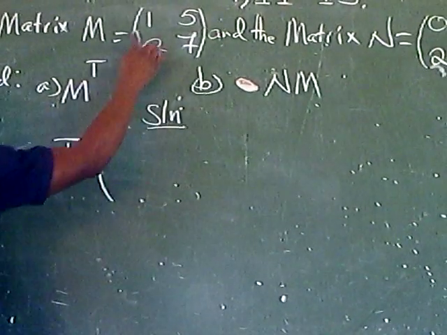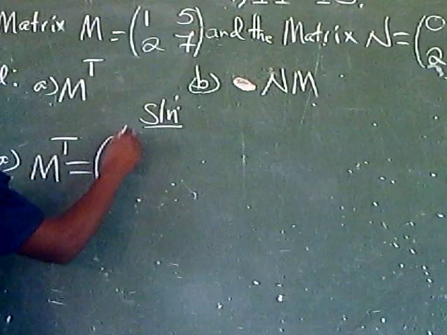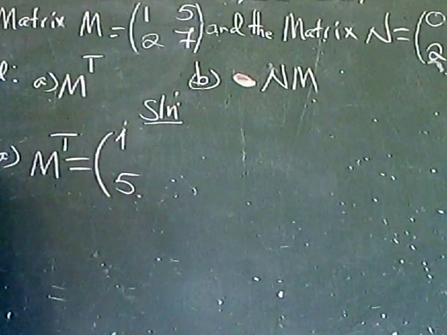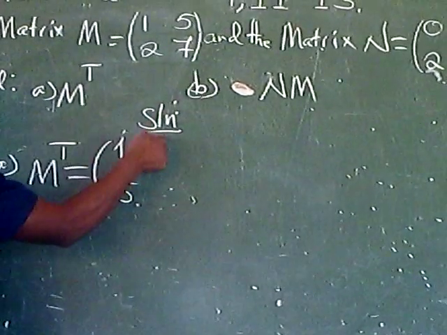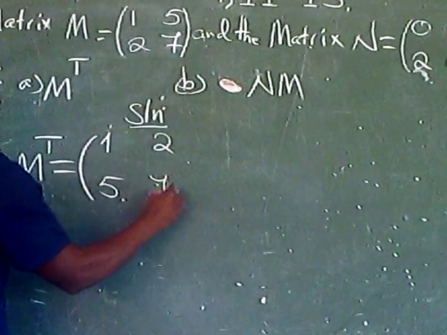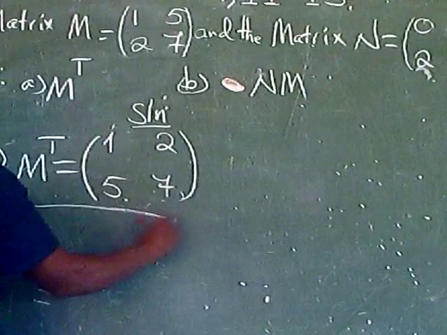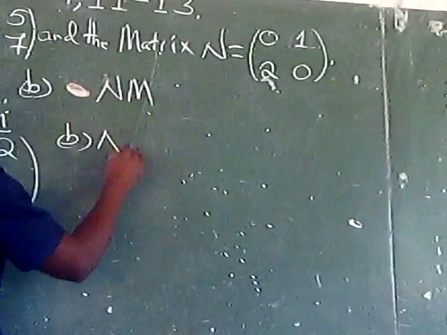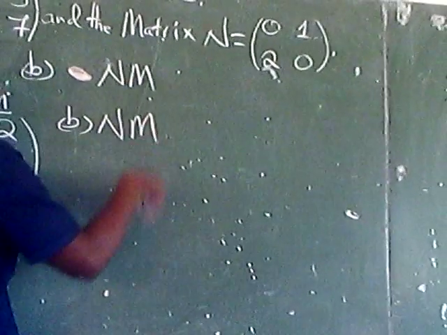In the first row we have 1, 5, so here we write 1 and 5. The second row will become the second column, and in the second row we have 2 and 7.